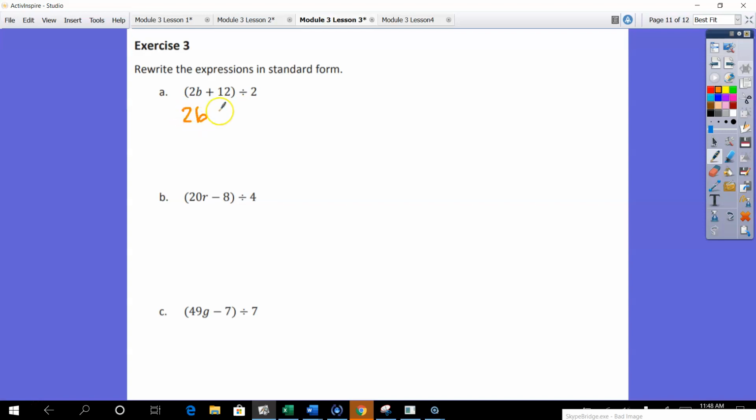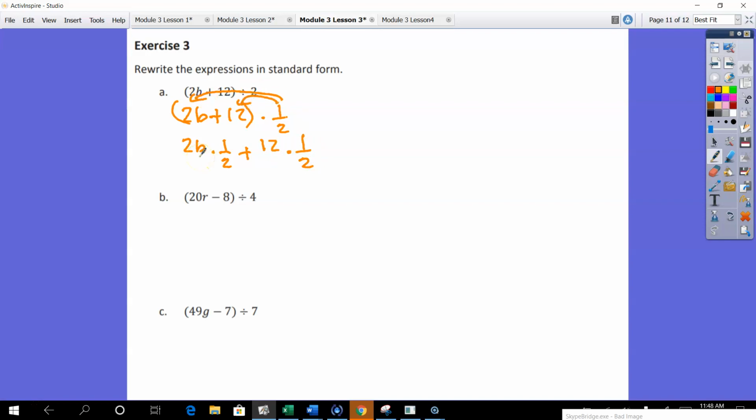Okay, so we have 2b plus 12 times 1/2. So then that's 2b times 1/2 plus 12 times 1/2. Distributing here, distributing here.